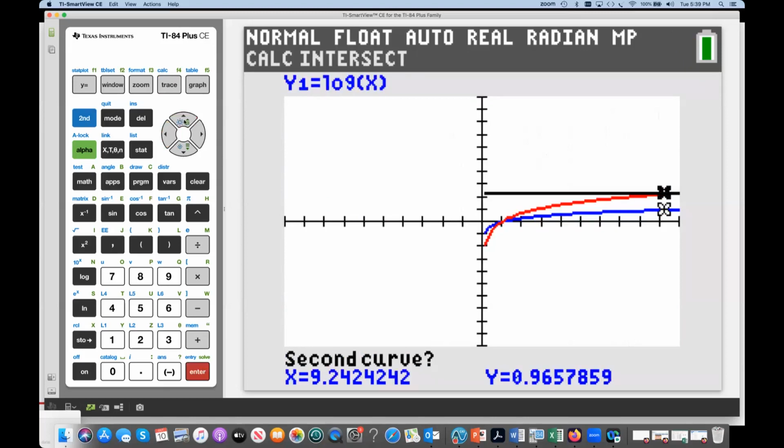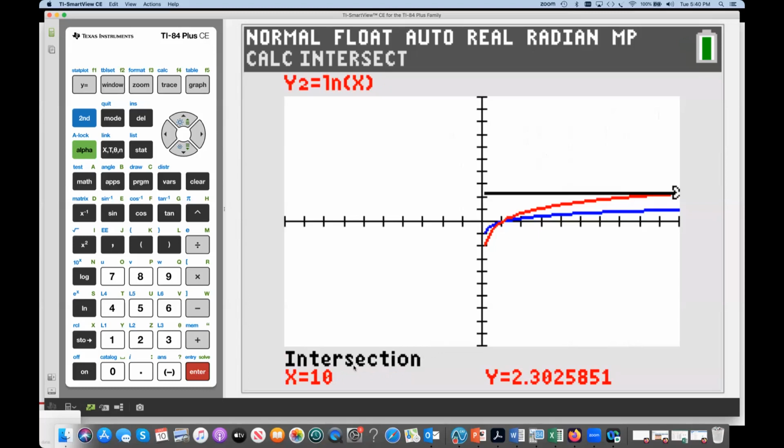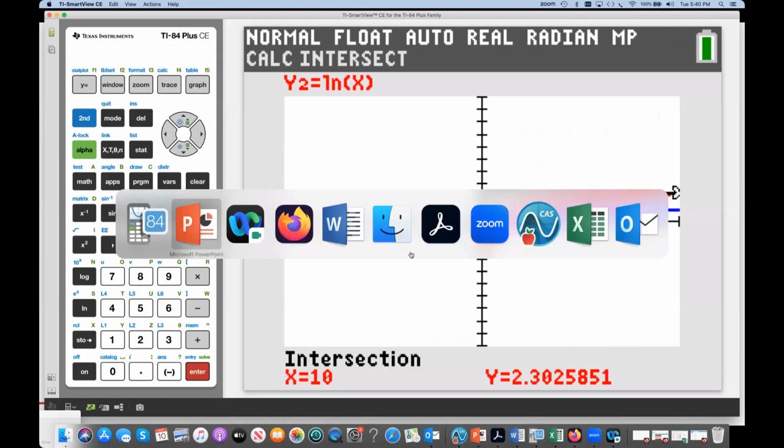Second curve, let's do the natural logarithm curve. And we're close enough for a guess. And yes, indeed, that's exactly where the intersection is, at the natural log of 10. Okay, let me get back to PowerPoint.